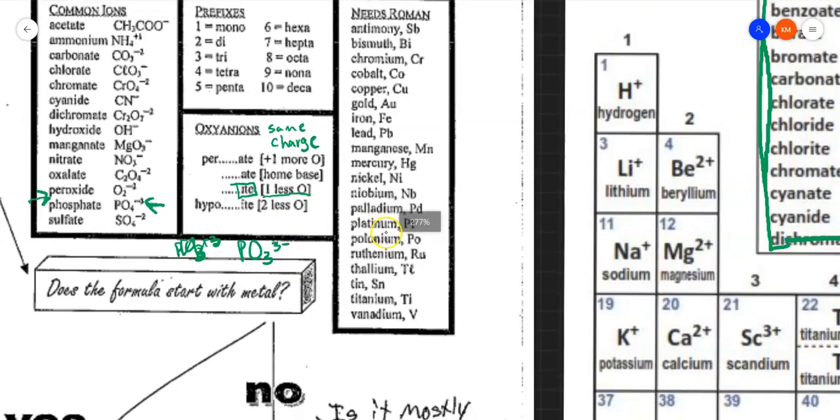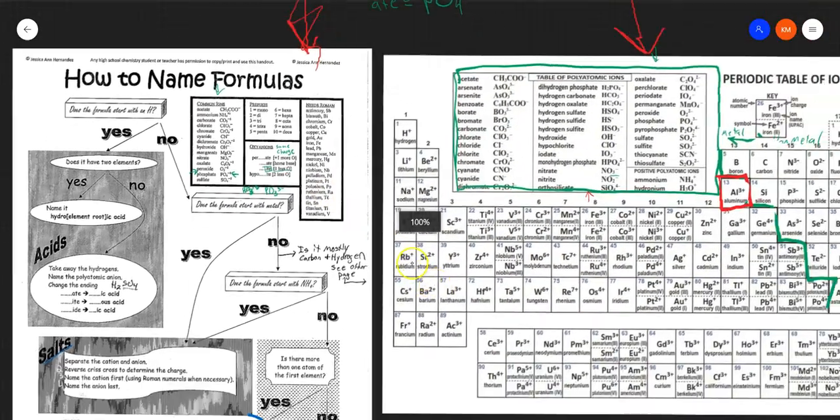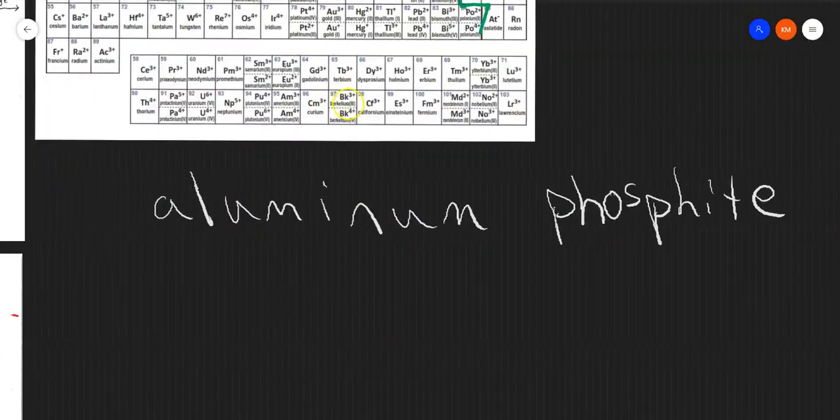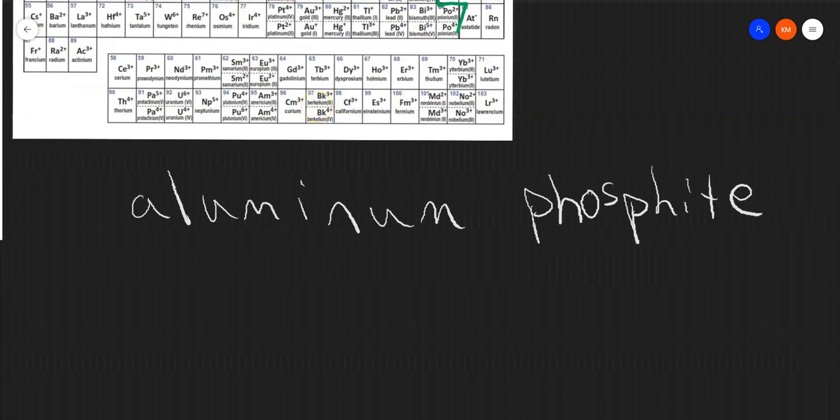And so now we can use those two things. So aluminum is Al3 plus. Phosphite is PO3 3 minus. So now we do our crisscross.